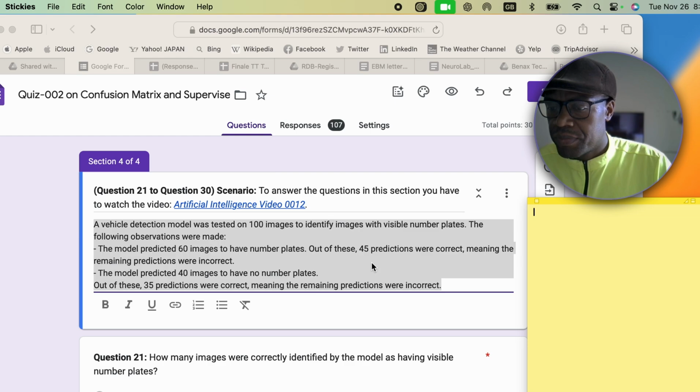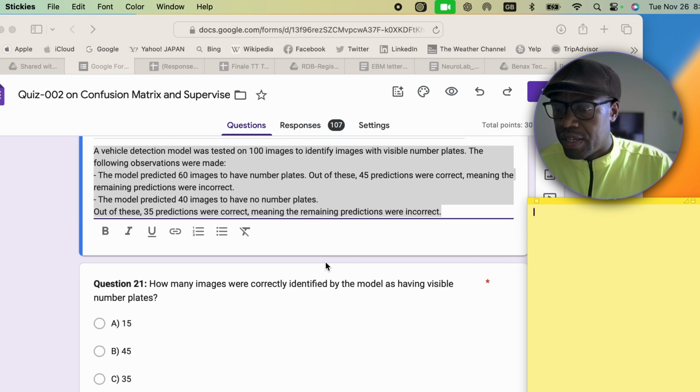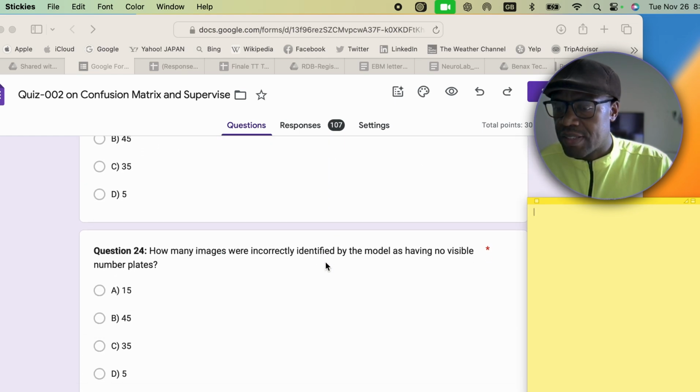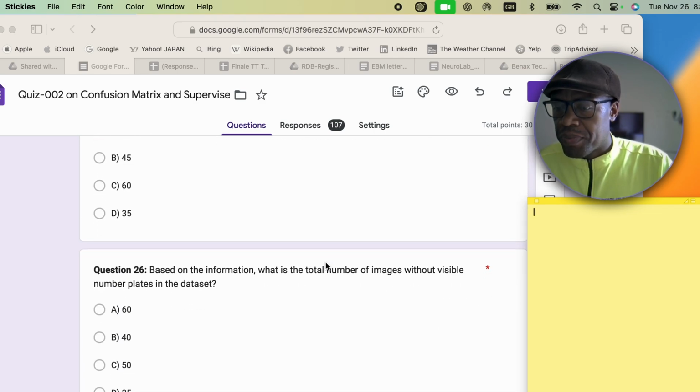The model predicted 40 images to have no number plates. Out of these, 35 predictions were correct, meaning the remaining predictions were incorrect. So question 26 is based on the information: what's the total number of images without visible number plates in the dataset?